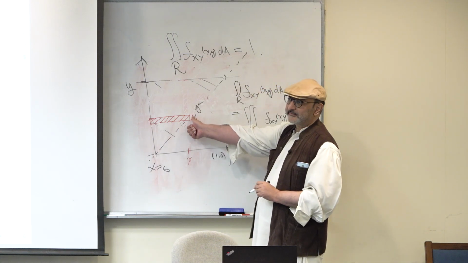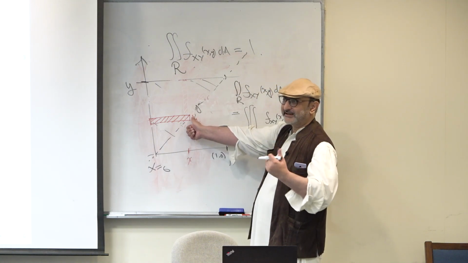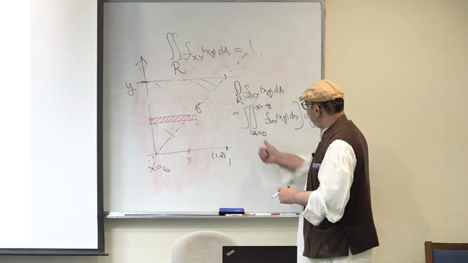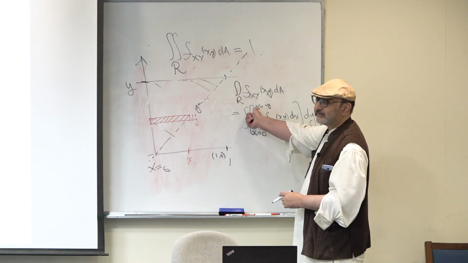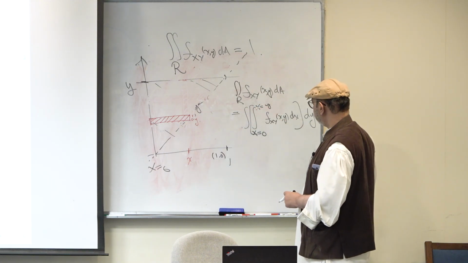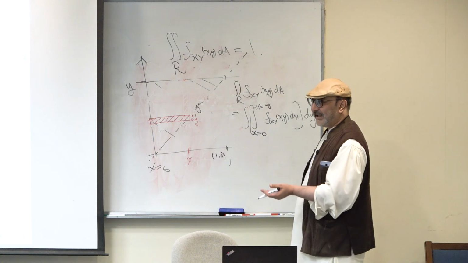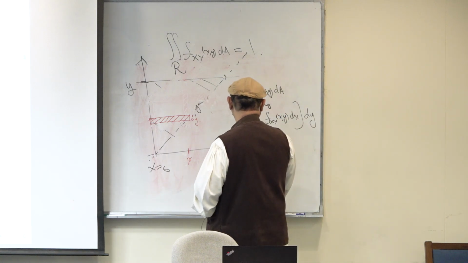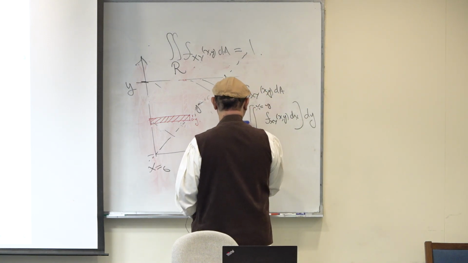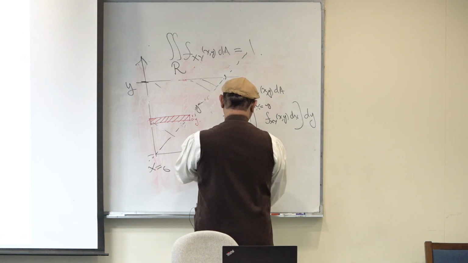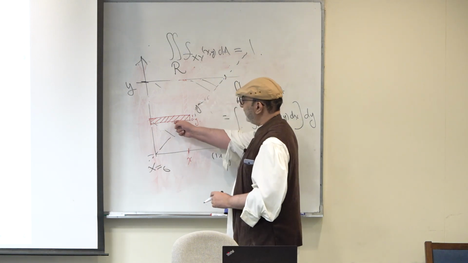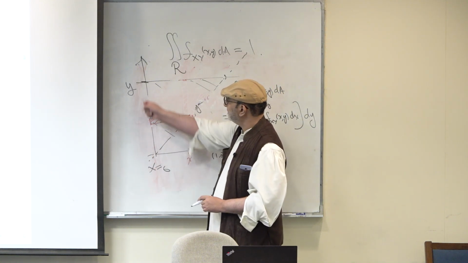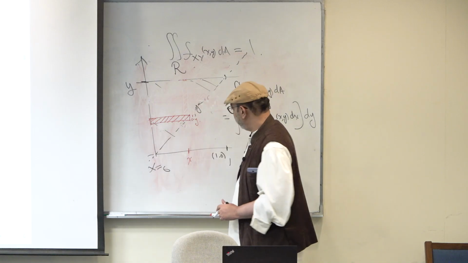What's this line? y equals x, or x equals y. So the limits will be functions of y, and you're going to integrate x out and only be left with a function of y. Now, for the outer integral, you're going to add up the contributions from all of these strips. So you're going from y equals 0 up to y equals 1.